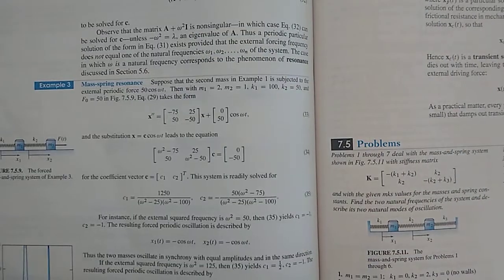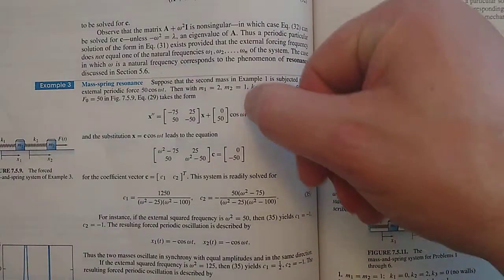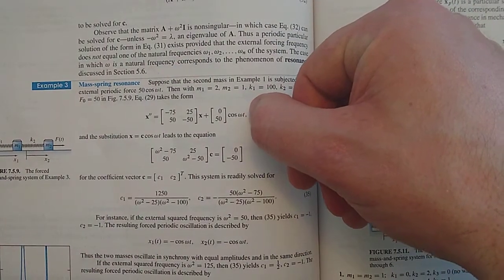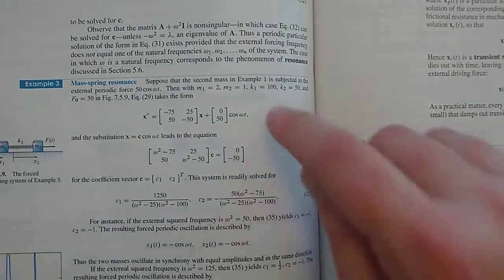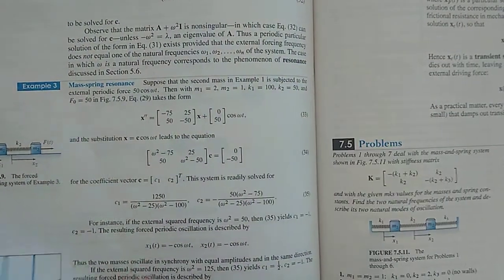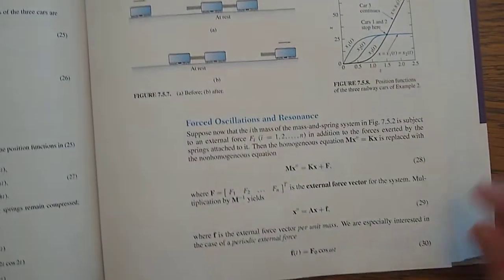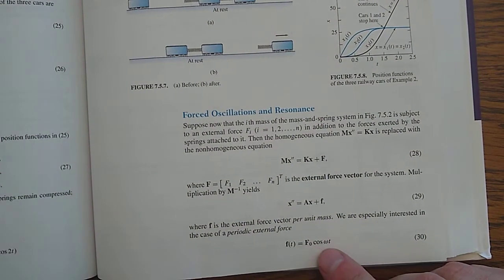Yeah, good. Except now there's going to be an external force, and it takes the form we wanted: a vector times a cosine.